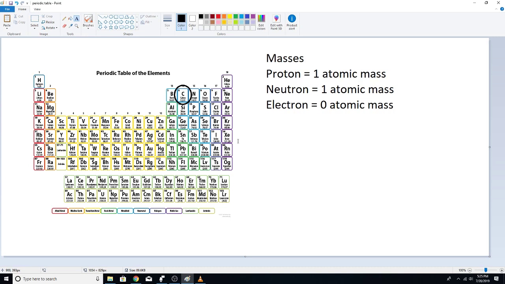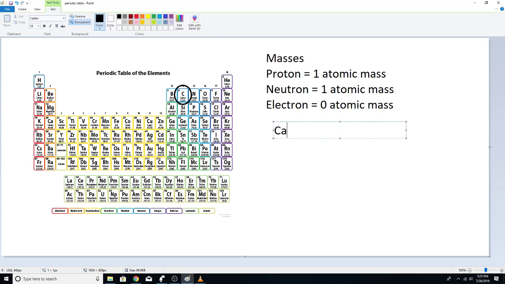So the proton number stays the same, and the electrons too, but the number of neutrons changes. Usually, in terms of carbon, there are 3 common ones: carbon 12, carbon 13, and carbon 14.